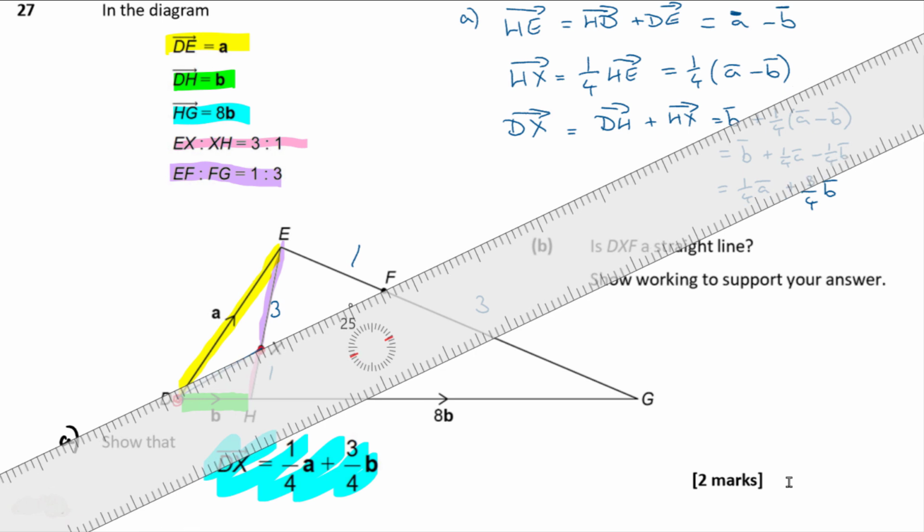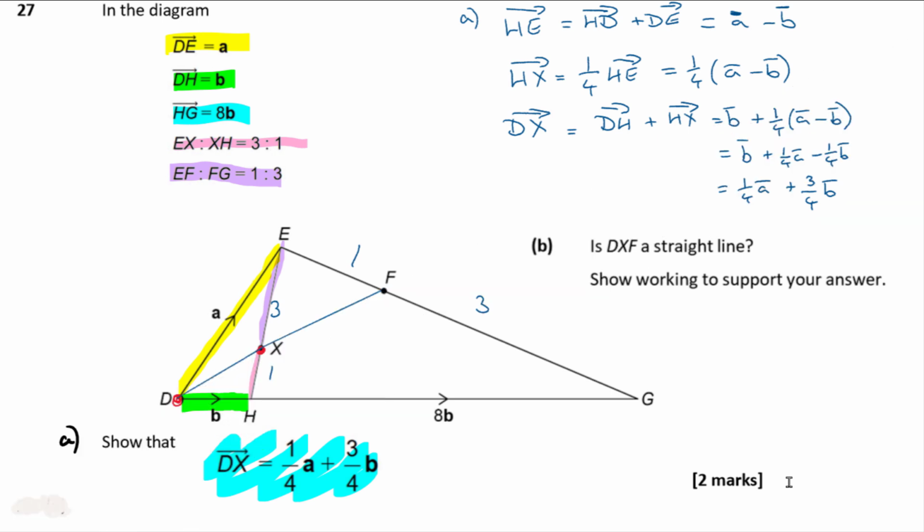Okay, now this diagram is not to scale. Now, if DXF is a straight line, then D, X and F are what we call collinear points, which means that the vector D to X must be some multiple of the vector X to F, or the other way around.